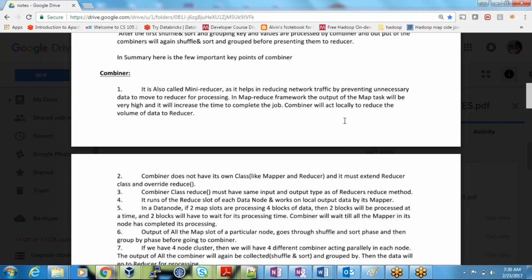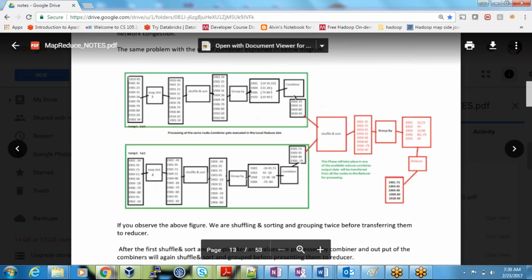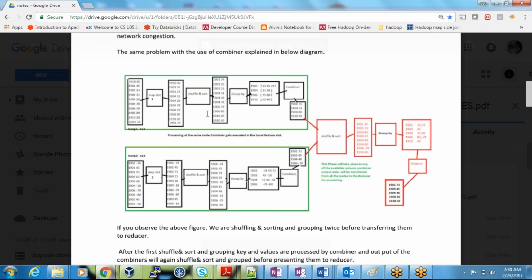See the example here. When I use a combiner and it is launched, a local shuffle, sort and local grouping happens for each mapper. It means if in one data node you have 3 mappers, one combiner will be launched for all 3 mappers, and it will collect all the output from the 3 mappers, club it together, and give only one output.